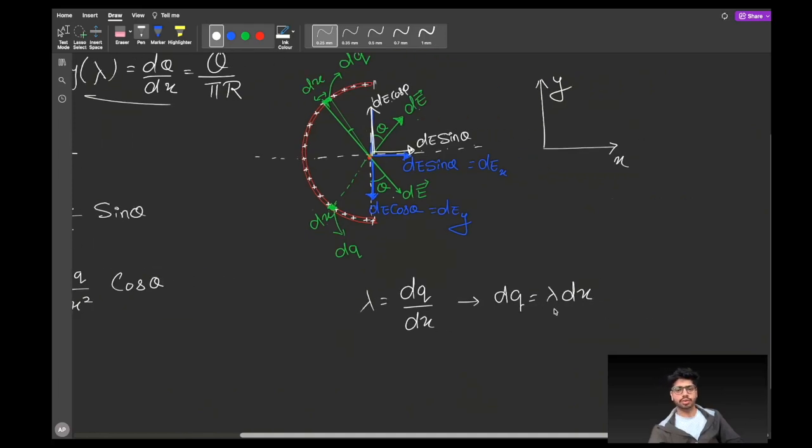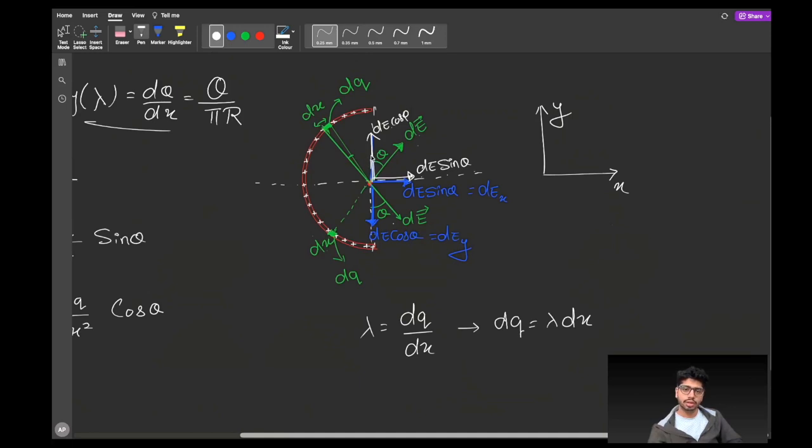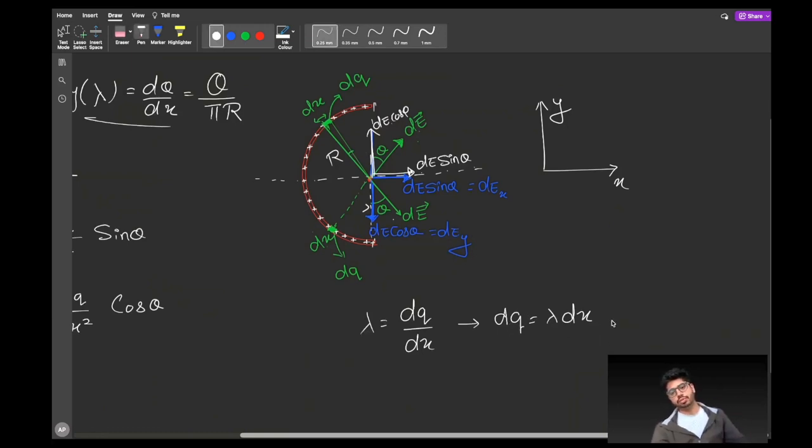And one more thing: as I'm going to integrate, I'm going to take theta as a variable. Because this is an arc and capital R is the radius for this one, I need to come up with something in theta. I have to change this dx in terms of theta.